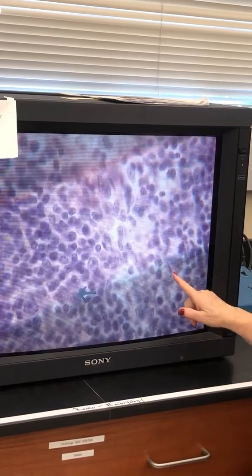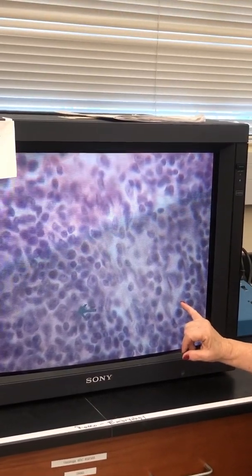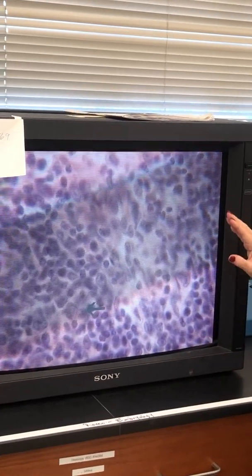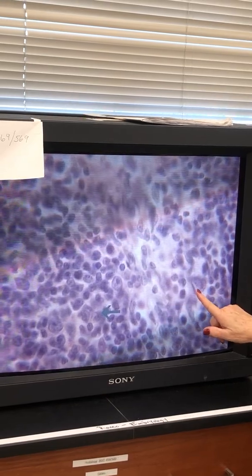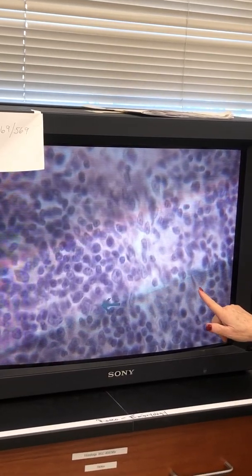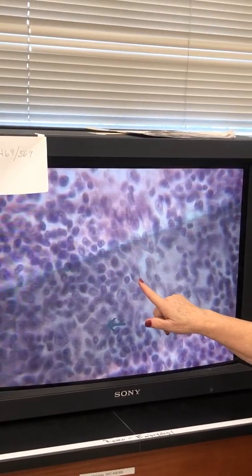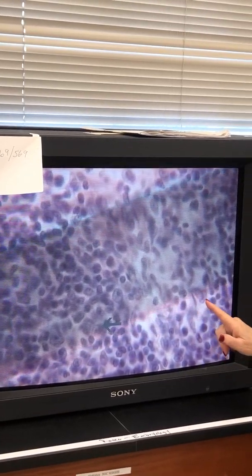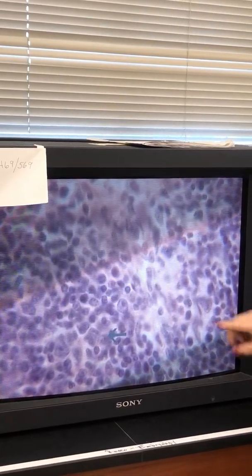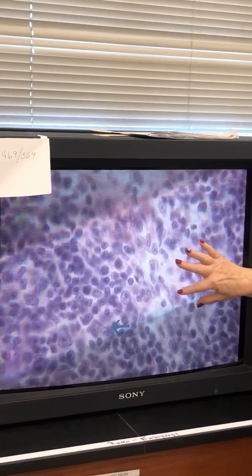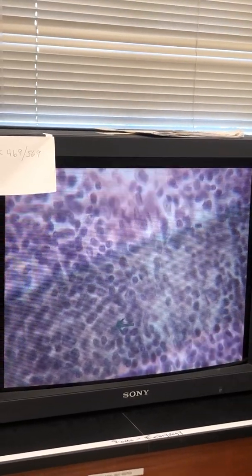That's a littoral cell that's lining that trabecular sinus. In some areas we'd find more. There's one on this side, and there's one on that side. But if you see something really elongated, not round like all these other ones, that's going to be your littoral cell. Y'all good with that? So trabecula, trabecular sinus, littoral cell right there, correct?